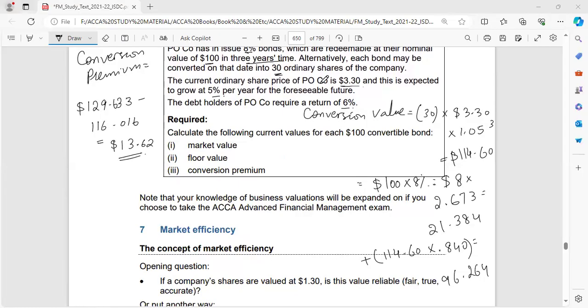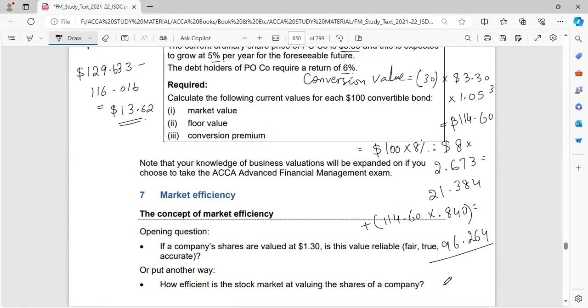So we will add up these two values. 117.648 is the market value.